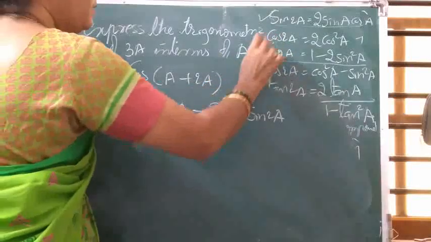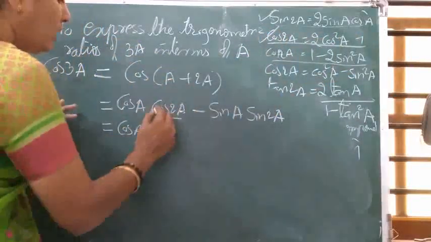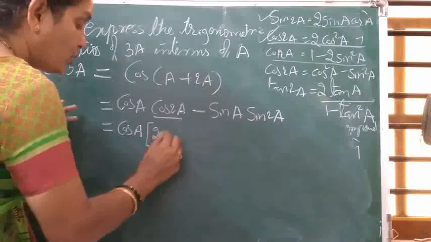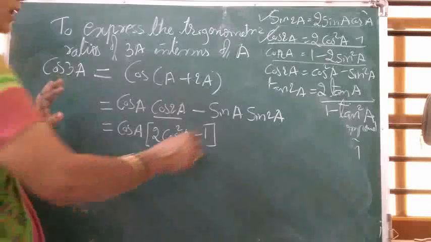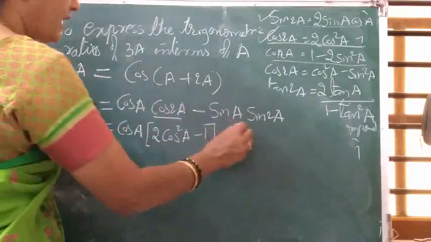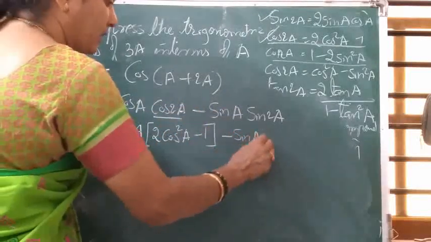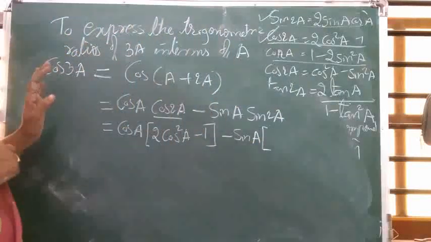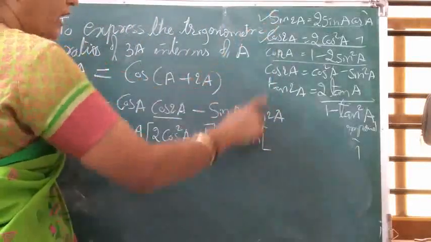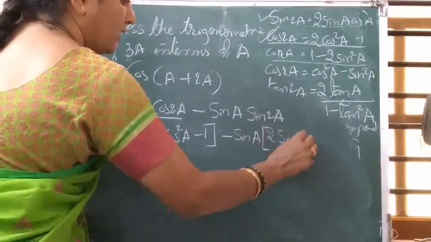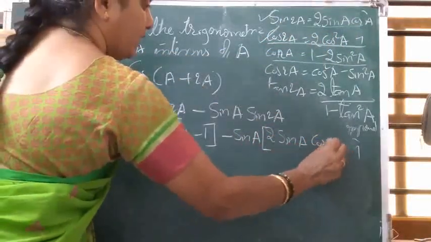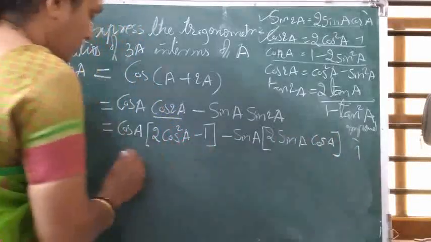This is the formula. So I write cos 2A as 2 cos square A minus 1, minus sin A. It is unavoidable. For the time being I will keep it as it is. This sin 2A, so far we have only one formula for sin 2A. It is 2 sin A into cos A. I will keep it as it is.